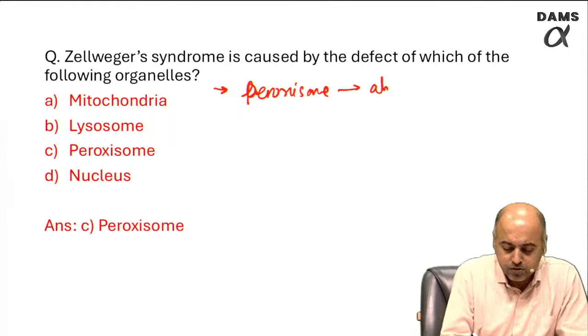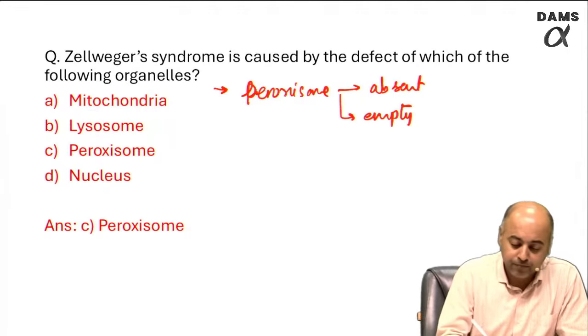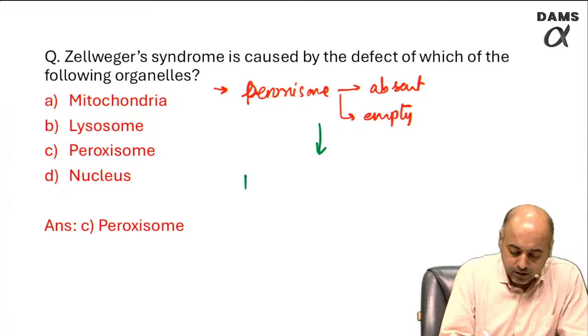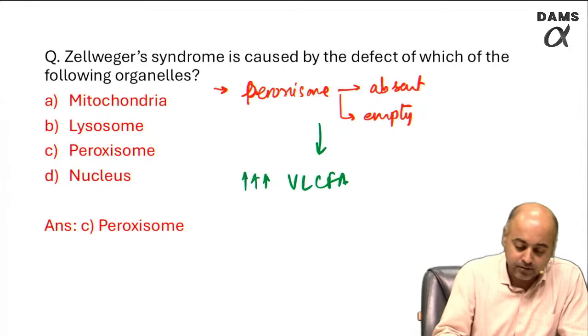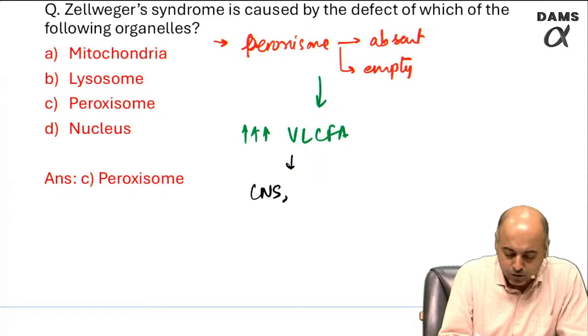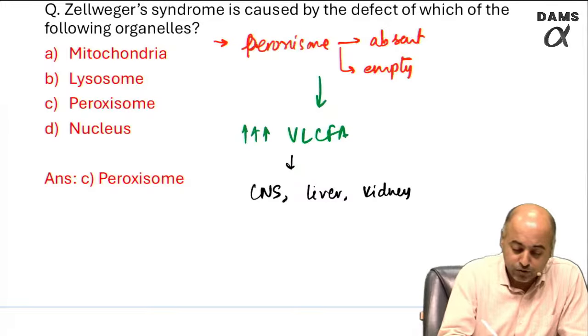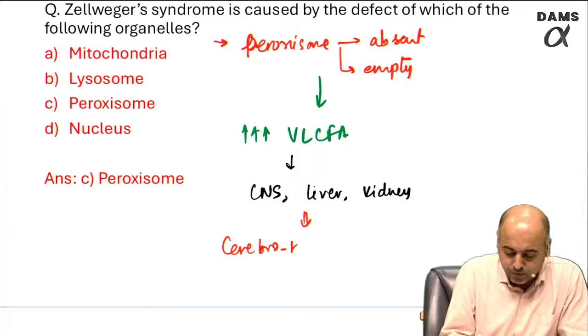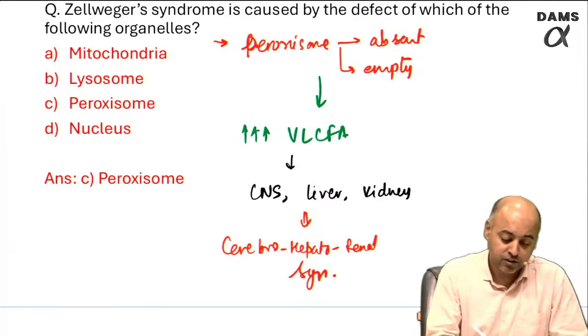Peroxisome is either absent or it is empty, resulting in the accumulation of very long chain fatty acid, most commonly in the CNS, but also in the liver and kidney, because of which the condition is known as cerebrohepatorenal syndrome. All of these are questions, by the way.